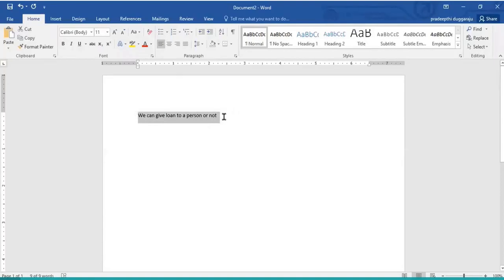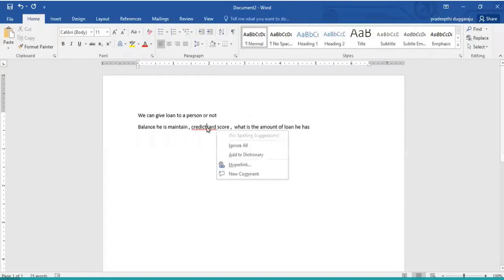In order to predict this, we have some columns like the balance he is maintaining, credit card score, does he have a loan, what is the amount of loan he has, etc. Let's suppose these are the columns in the data set.